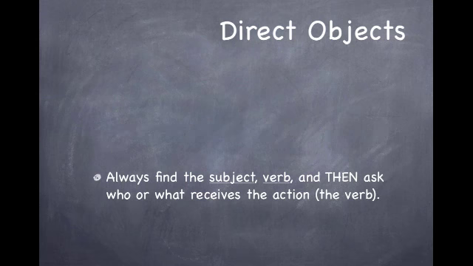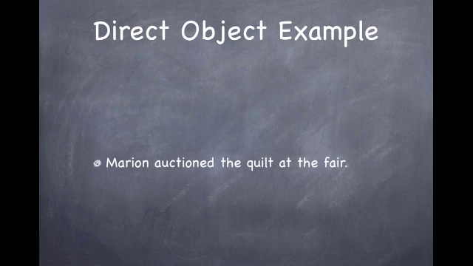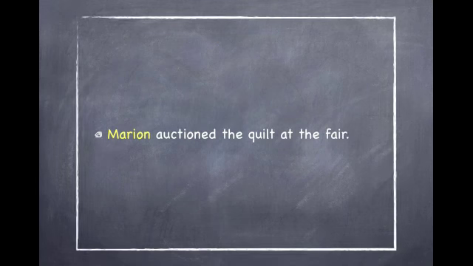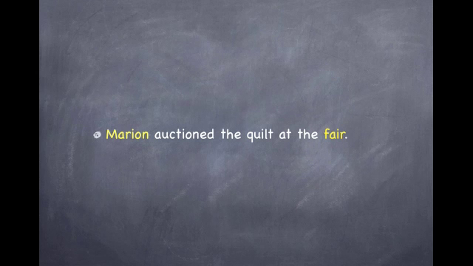And we'll start with a practice sentence. Marian auctioned the quilt at the fair. So let's find the subject. The subject in this sentence is Marian. She auctioned it at the fair. So let's ask ourselves the next question. What's the verb in this sentence? What is being performed?